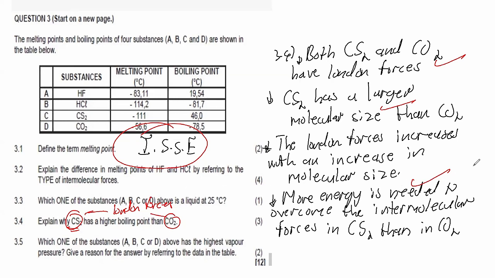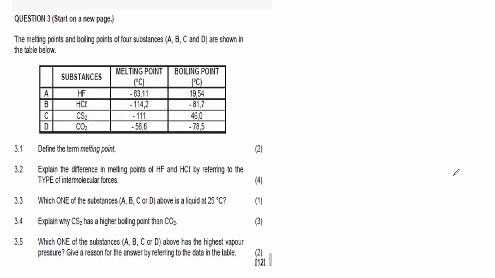Then let's now proceed. We have 3.5 says which one of the substances A, B, C, or D above has the highest vapor pressure? Give a reason for the answer by referring to the data in the table. So we are looking for the one with the higher vapor pressure.